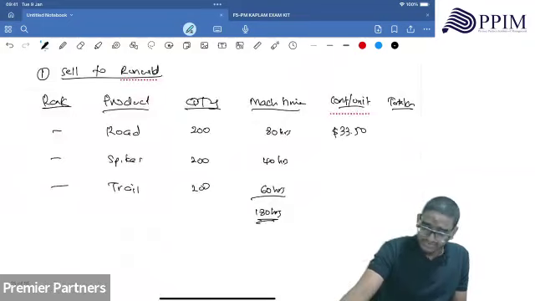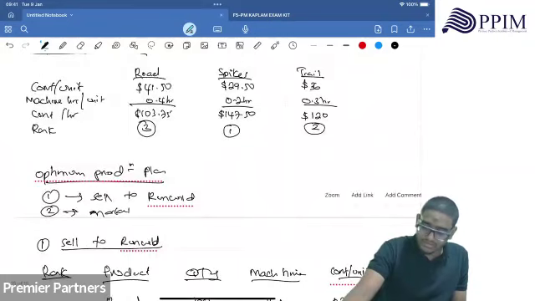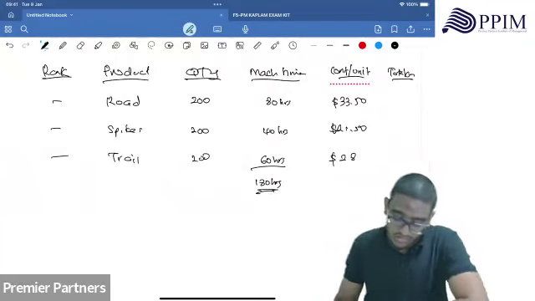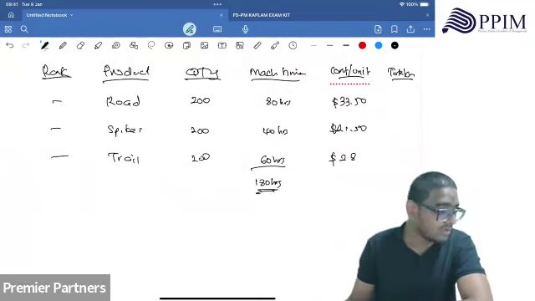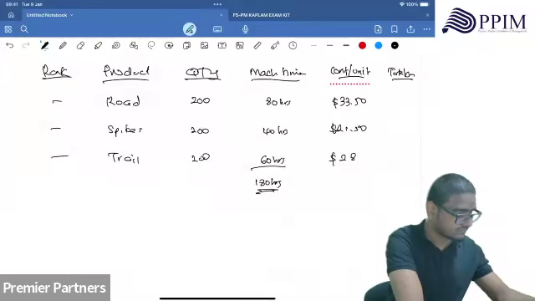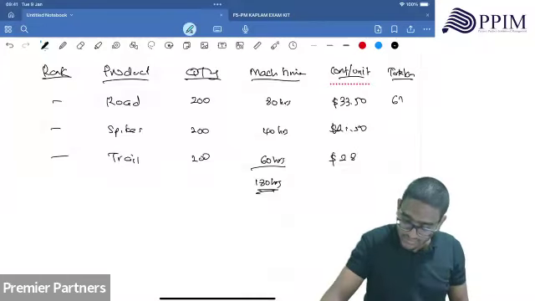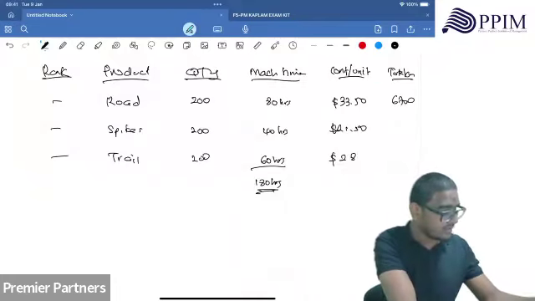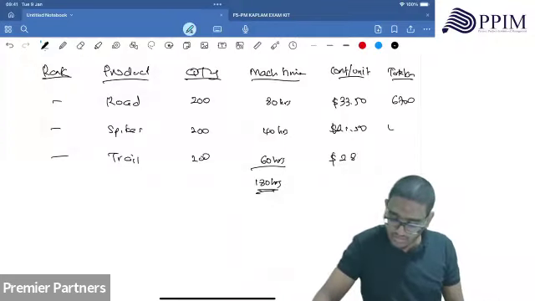Then 29.5 minus 8 is 21.5. And 36 minus 8 is 28. So multiply this by your total number of units. So 33.5 multiplied by 200, 6,700 in terms of contribution here. Then 21.5 into 200, 4,300.